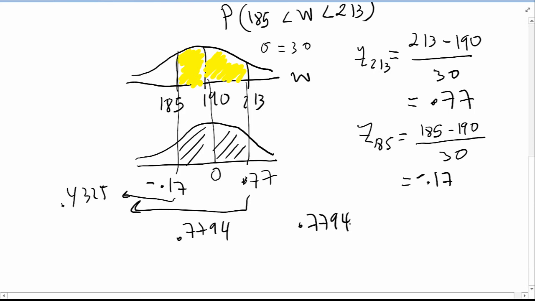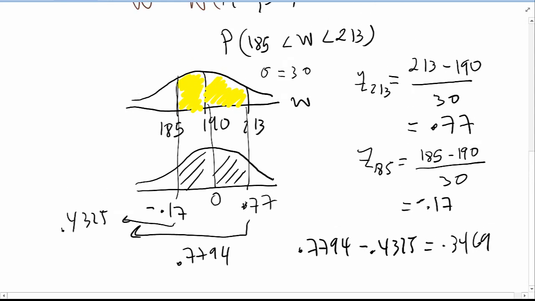And so the answer is going to be 0.7794 minus 0.4325. That gives me 0.3469, which is about 35% of the data.